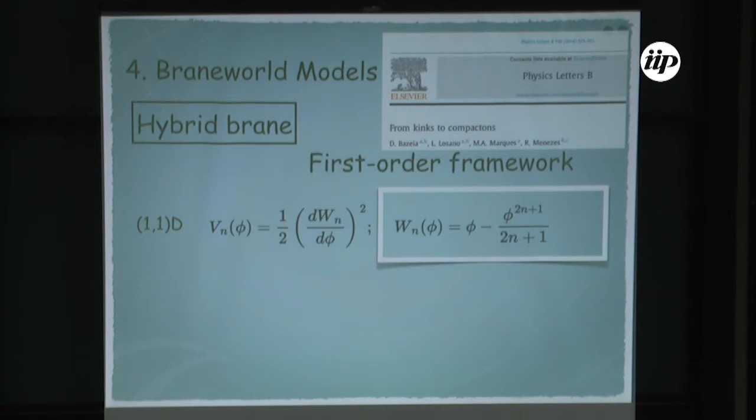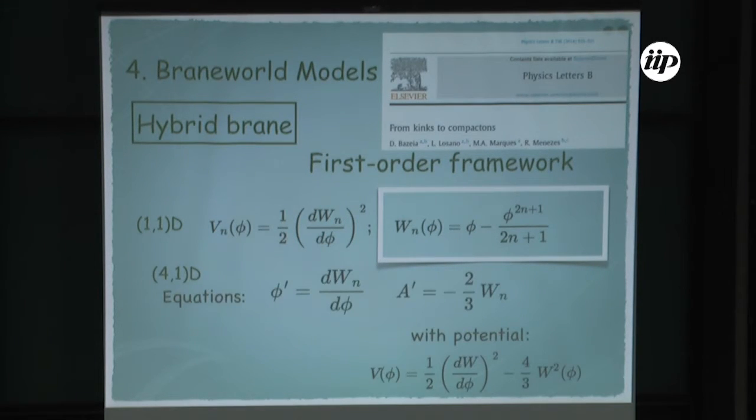What does it mean? If you take that same model, remember the model with n, it goes to 5 to 2n. The model has, say, a superpotential, so we have a first order scenario here. And the first order scenario for the brane model is here.